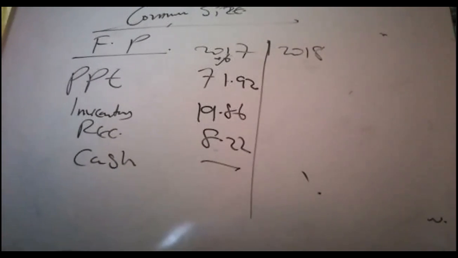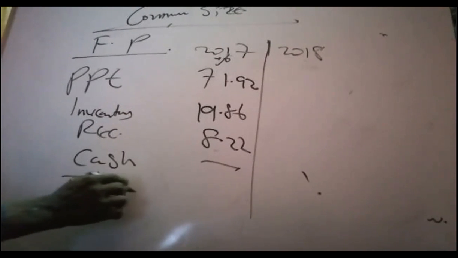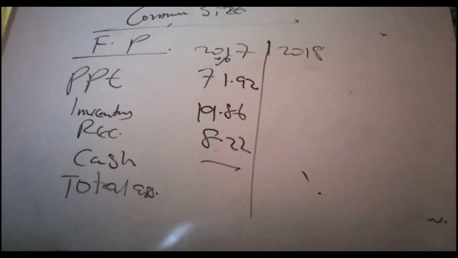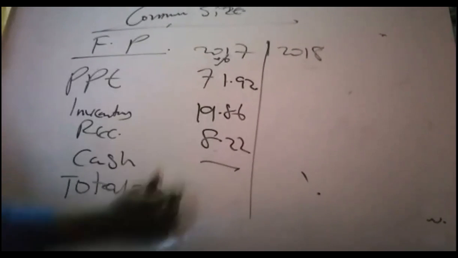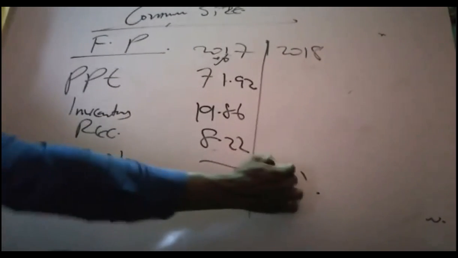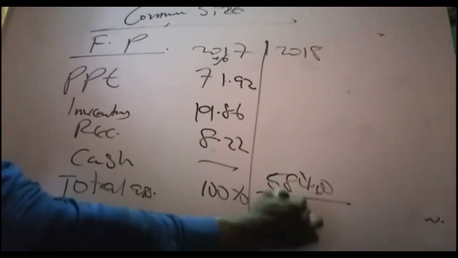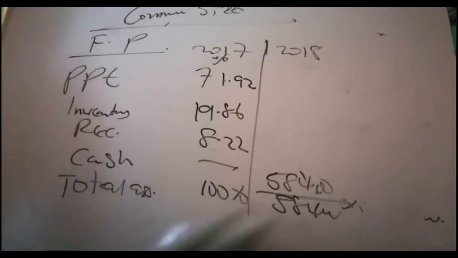Here, dash, there's no cash balance, but 2018 had some. Now go to total assets. If I sum all of this, I must get 100. Or I'll take 58,400 divided by 58,400 times 100.